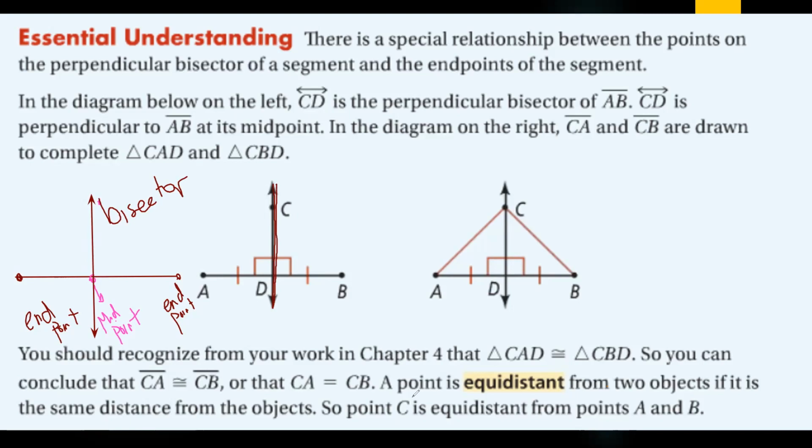If there's a line that has two endpoints and a ray that comes and cuts the line into two equal halves, and you draw a side from this point to one endpoint, and a side from this point to the other endpoint, the length of this side will be equal to the length of this side. Like here, CA will be equal to CB.